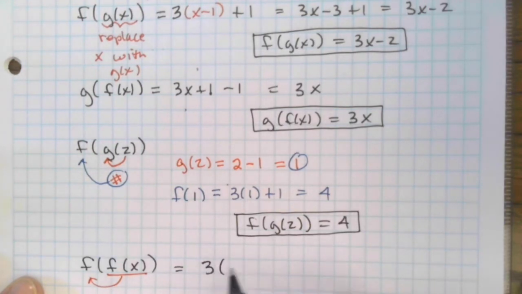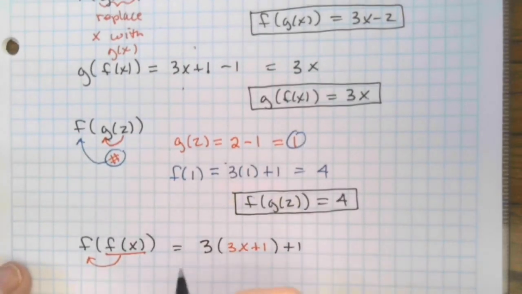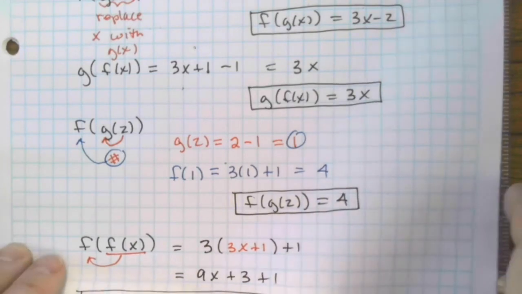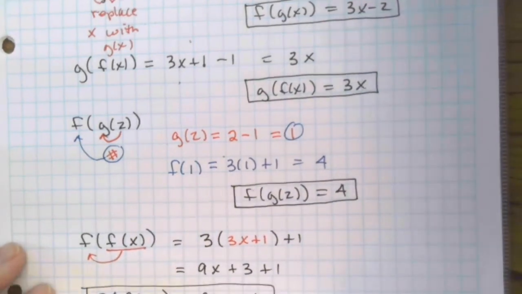So instead of x, I'm going to put in 3x plus 1 and then plus 1. It's substituted into itself. Simplify, you get 9x plus 3 plus 1, which is 9x plus 4. So f of f of x is 9x plus 4. So that's composites and function notation.